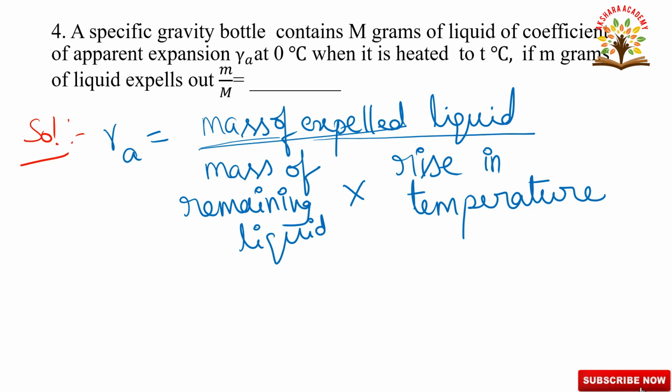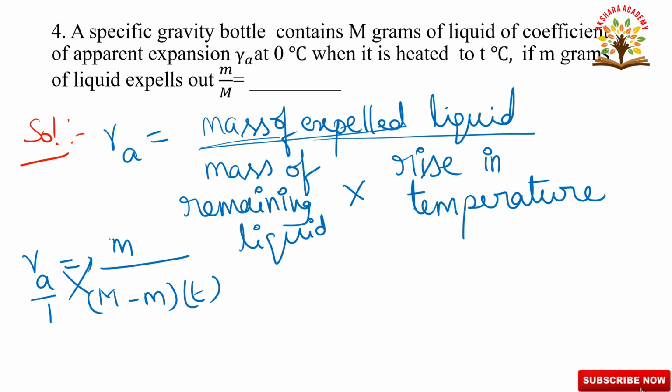That is gamma A is equals to mass of expelled liquid small m by mass of remaining liquid, capital M minus small m, into rise in temperature T minus 0, T. Taking cross multiplication, then you get gamma A of capital M minus small m into T is equals to small m.